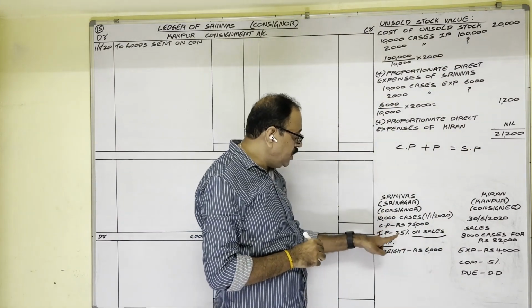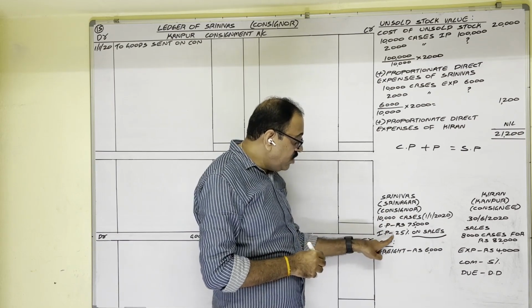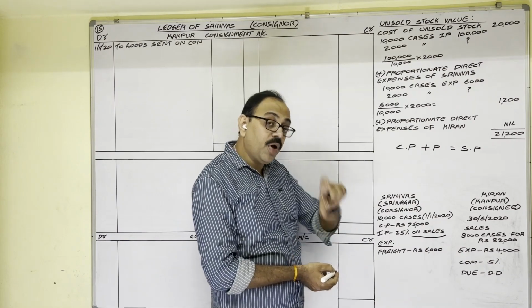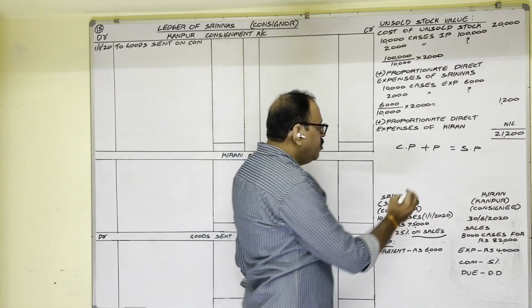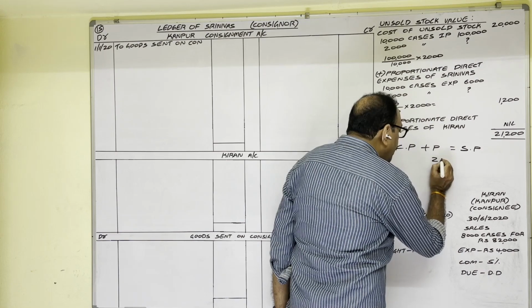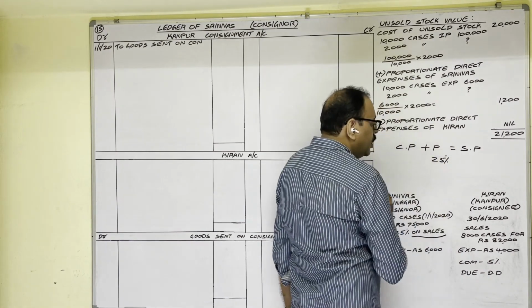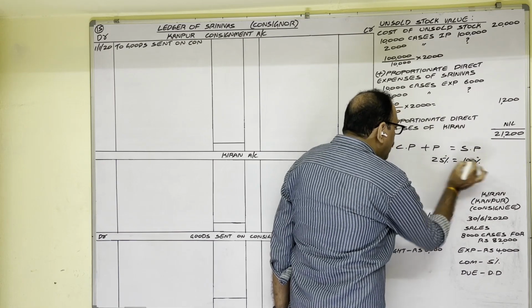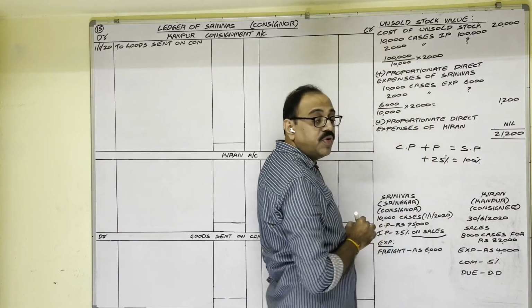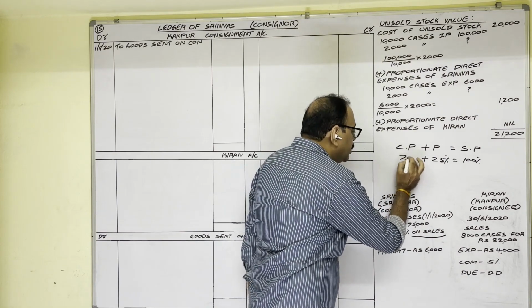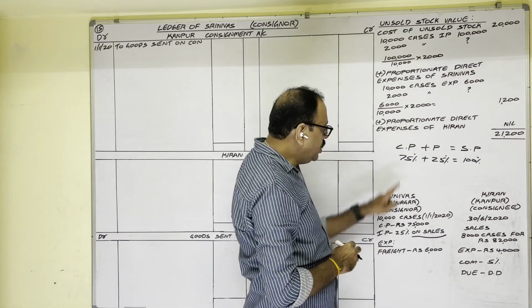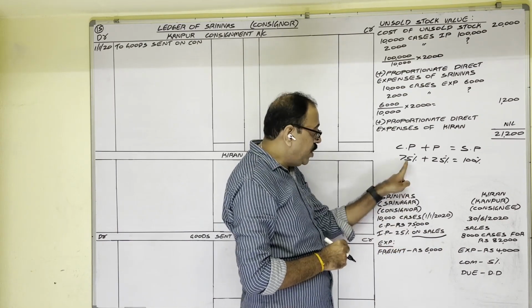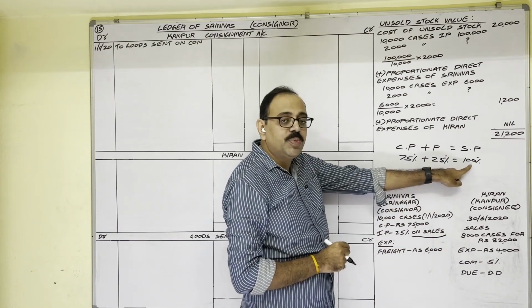Here in percentage form, see how the invoice price is fixed: 25% profit on sale. So profit in percentage form is 25%. Assume the sale price is 100%. Then how much will the cost be in percentage form? 75%. So this 75% value we know now, 75,000 rupees. Based on this, we can know the invoice price.